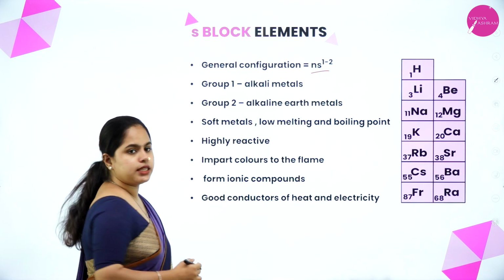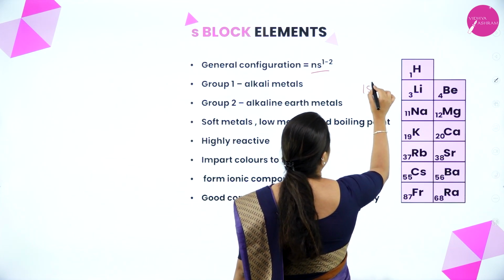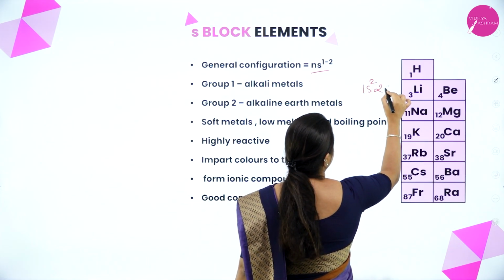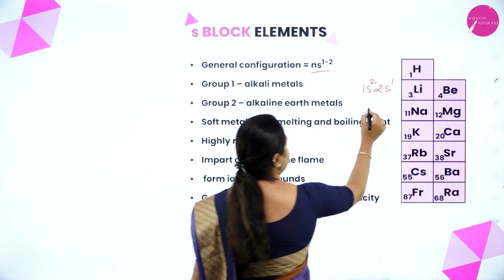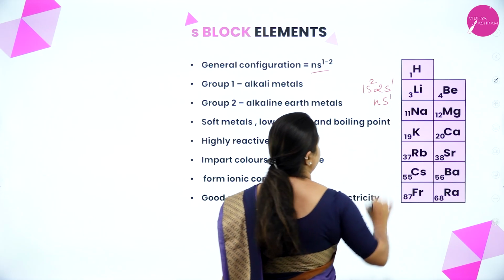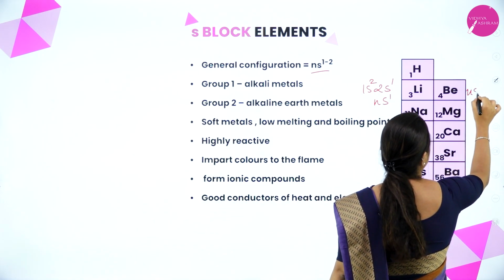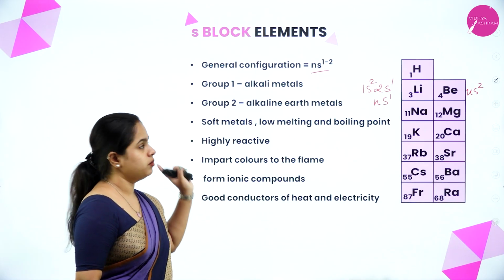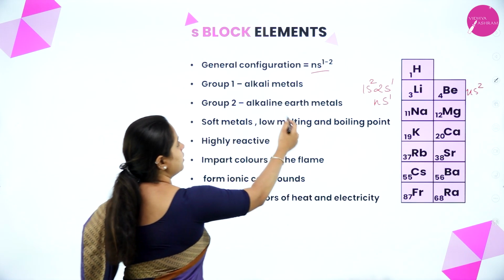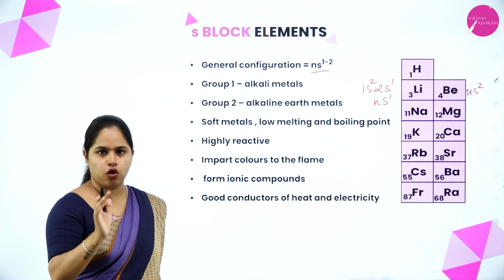The electronic configuration of lithium is 1s2, 2s1, so the general one is ns1. For beryllium, it is ns2. So the general configuration can be written as ns1 to 2. Clear? It can be 1 or 2.